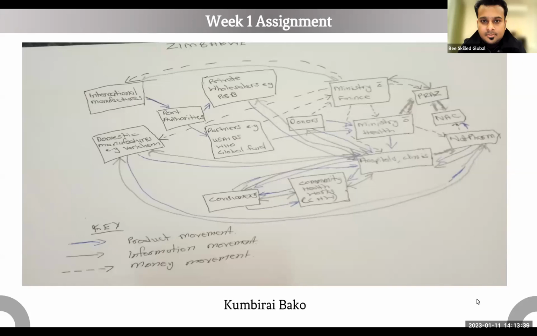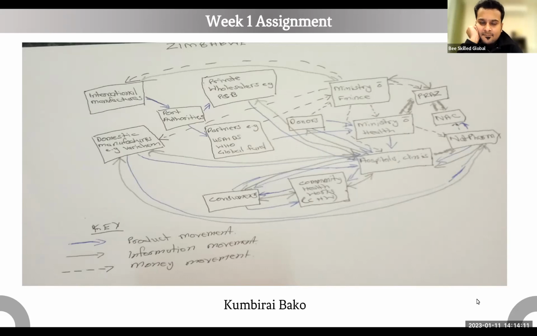Okay. Thank you, sir. So on this drawing, I have just explained how the movement of medical products, including movement of the product and then the movement of information as well as the money within the supply chain. So this drawing includes both the private sector, non-organizations, as well as the public sector.